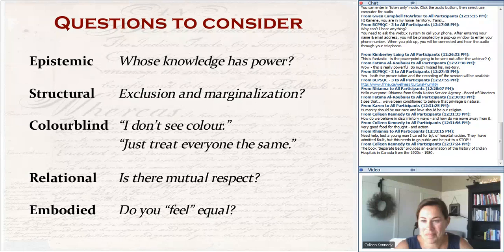Relational racism, again, this is the kind of racism that most people talk about, but this isn't just about verbal abuse or violence, right? It also includes well-meaning but insulting remarks like, you speak very well, or your people must be very proud of you, or those kinds of remarks that, within a context of folks who see themselves as belonging to the same racialized group without power imbalances, might seem like benign comments.